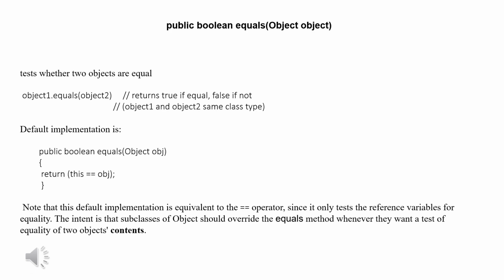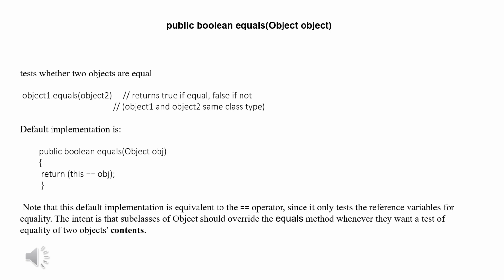So the first method is public boolean equals. The goal of this method is checking the equality of two objects. The format for using this method is, as you see here, object1.equals(object2), with the name of the second object inside the parentheses.